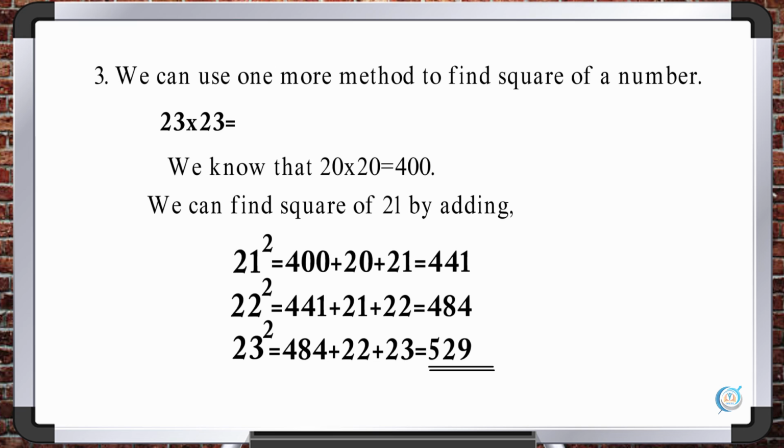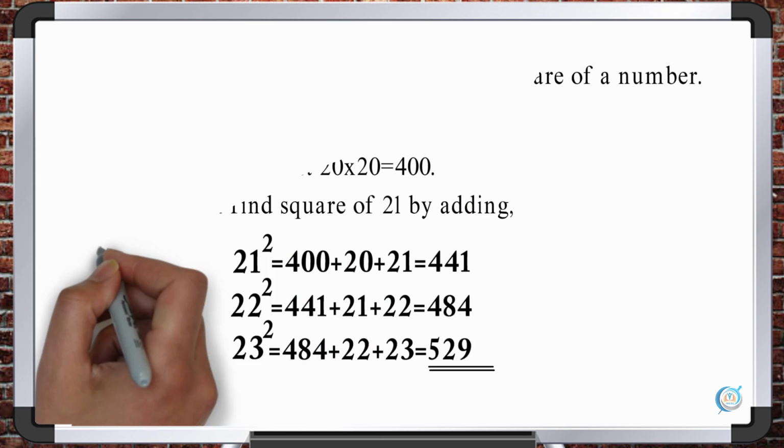That is, to find the square of a number we can take the square of the previous number plus the previous number and the given number.